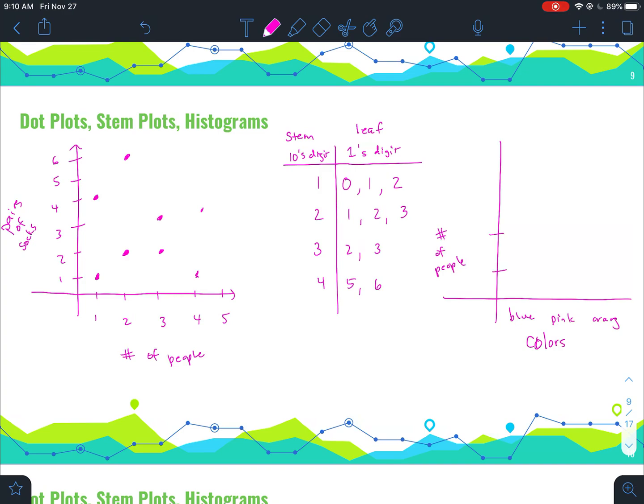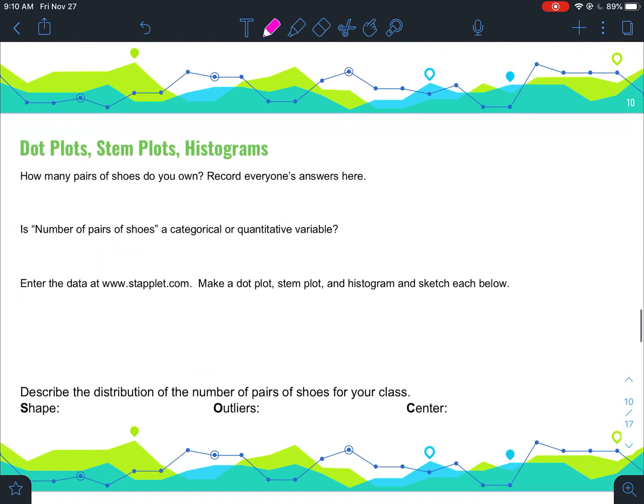And you could say like one person's favorite color was orange, two people's favorite color was pink, and then you could say like three people's favorite color was blue. And that's what a histogram looks like. It's kind of like a bar graph. And so those are different ways of organizing data into graphs or charts.